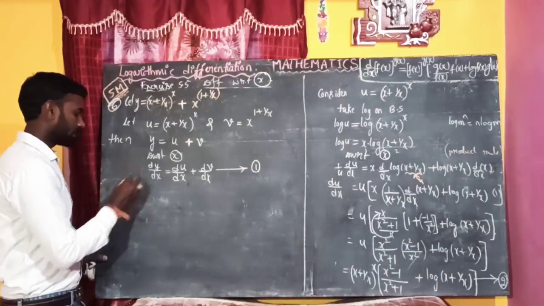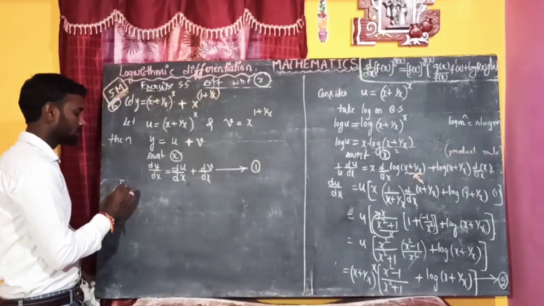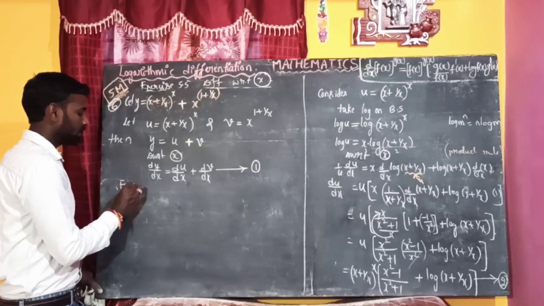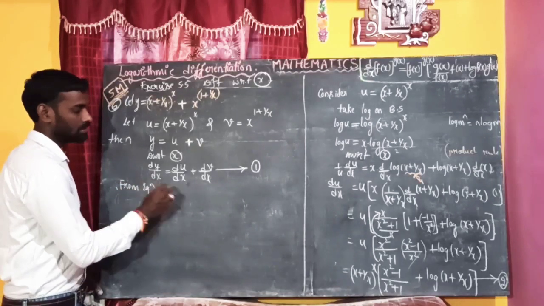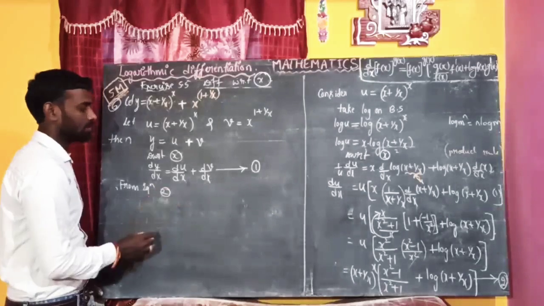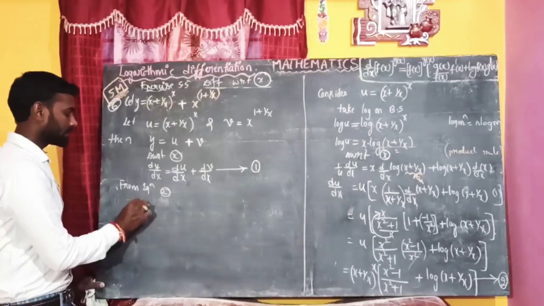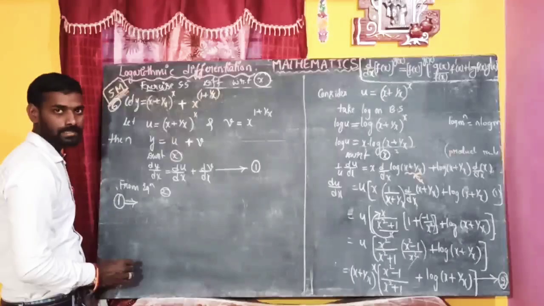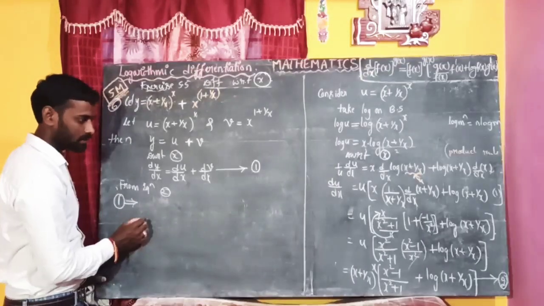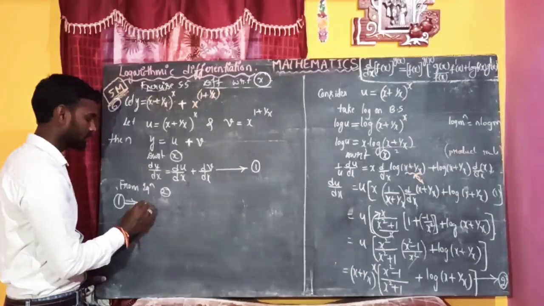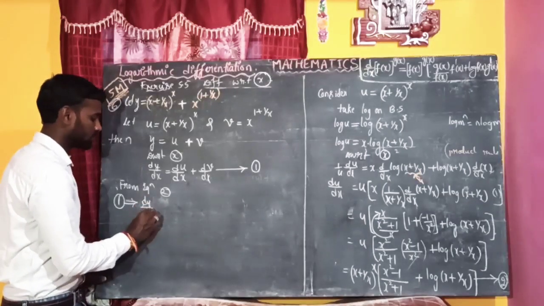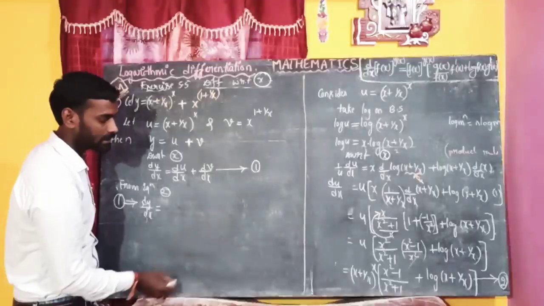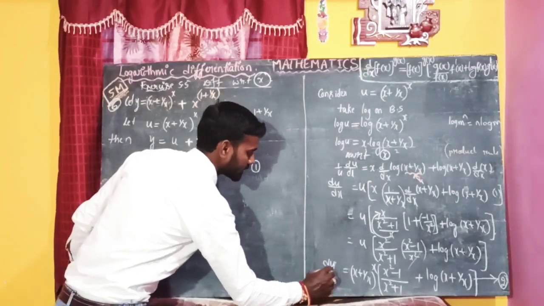Therefore, finally, from equation 2, the above equation becomes dy by dx is equal to, here du by dx means this is du by dx, right?